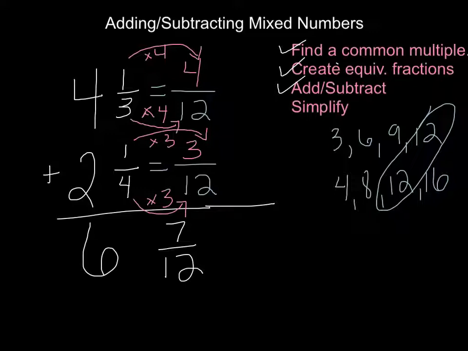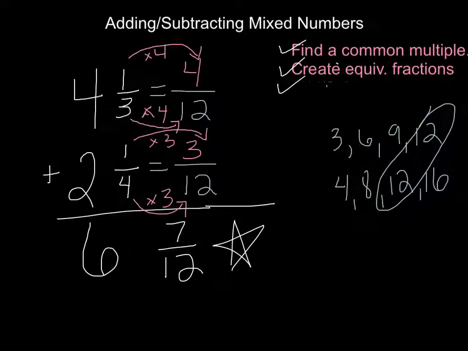Well, I look at this fraction 7/12 and I realize that there are no common factors other than 1 to 7 and 12. There's no way I'm going to be able to divide that and reduce it to any simpler terms. So this is my simplest form sum.